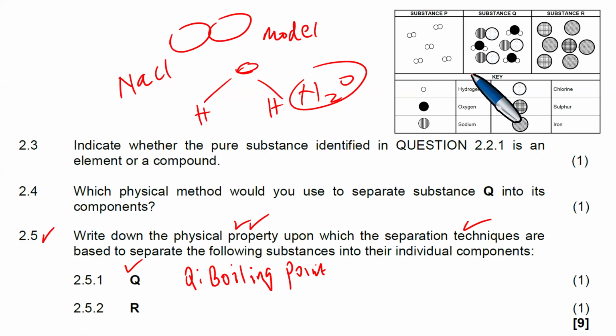With boiling points, we know that water is able to boil because it's water. You mix it with salt, and water boils at, for instance, 100 degrees Celsius.